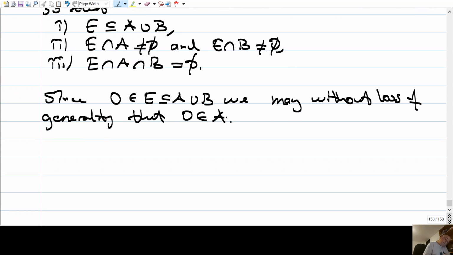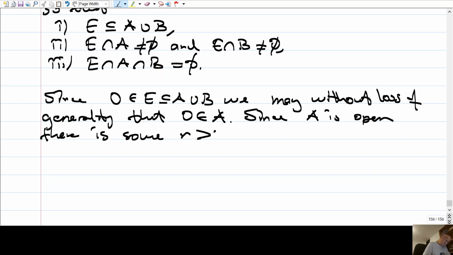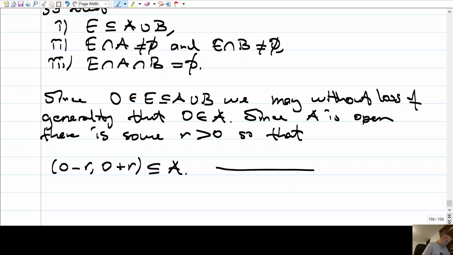Okay. Well, since A is open, there is some positive real number R so that the interval (0 minus R, 0 plus R) lies inside A. So I have this: 0 is here and R is here.